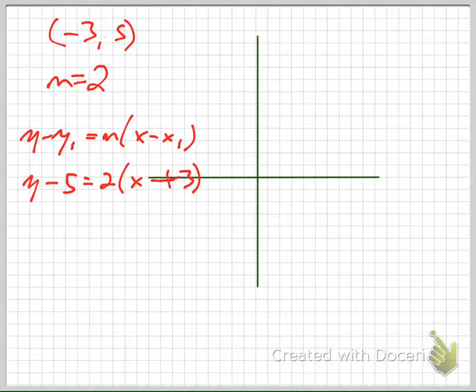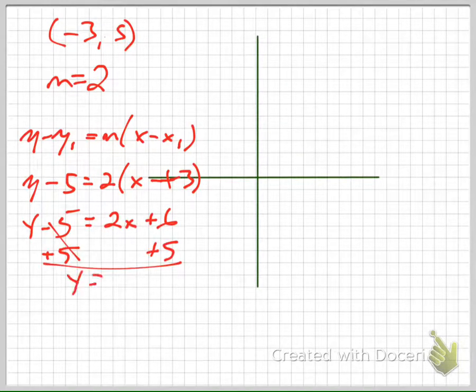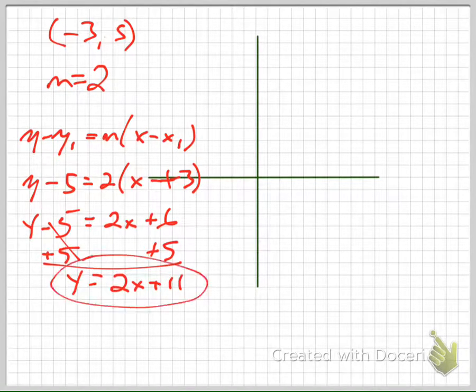That makes it a plus here. y minus 5 equals 2x plus 6, plus 5 on both sides. y equals 2x plus 11. There's our line that is parallel to 2x minus 4 and goes through the point negative 3, 5. Does that make sense?